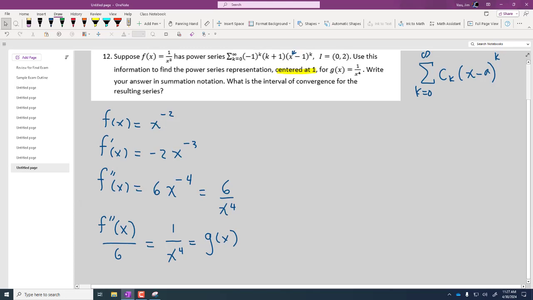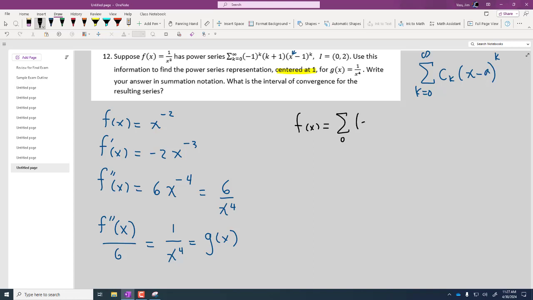So then we go to the power series for f, take 2 derivatives. When we look at the power series for f, f is equal to the summation, starts at 0. These two factors are constants. If you differentiate a constant times the power of x, the constant just comes down.